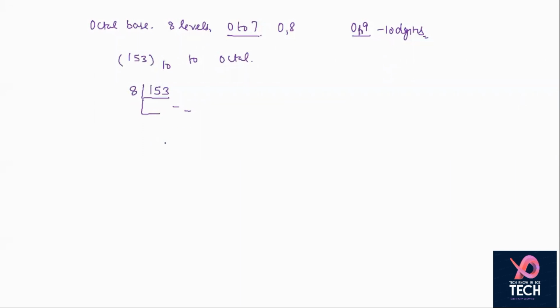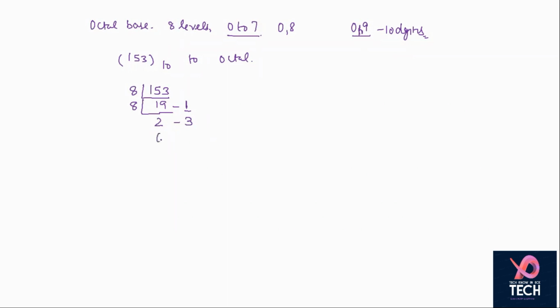So you will keep on dividing until you get the least number. So we know that 8 19s are 152, so your remainder is 1. Then we know that 8 2s are 16, the remainder is 3.